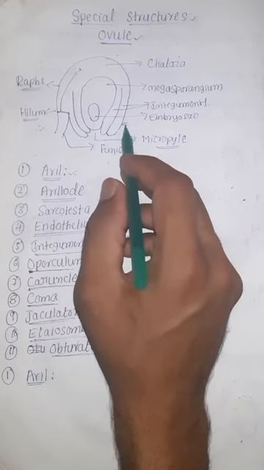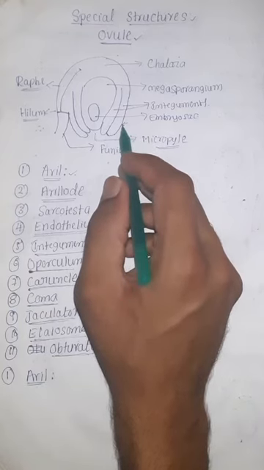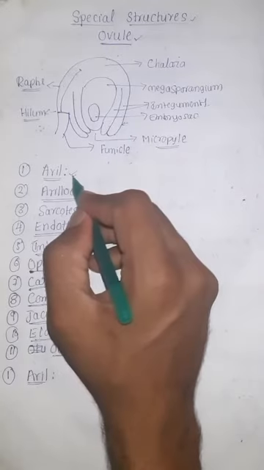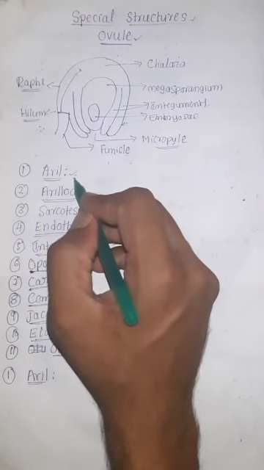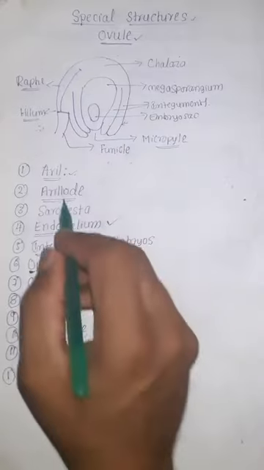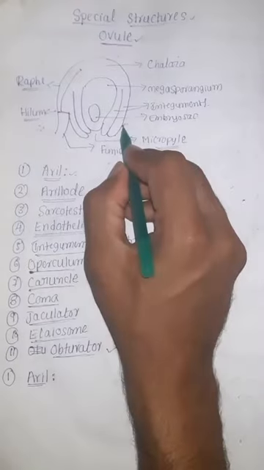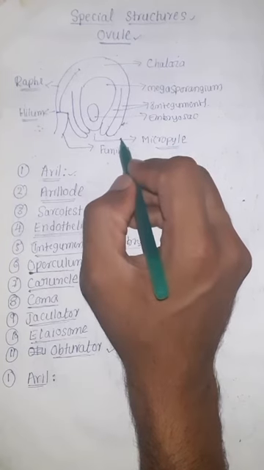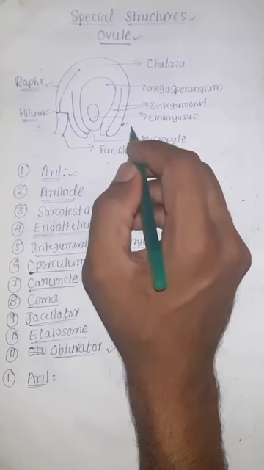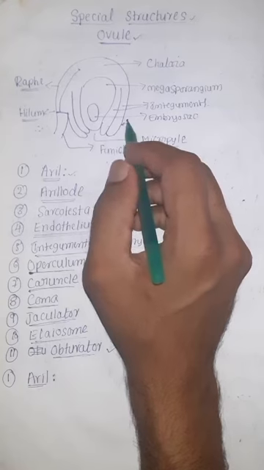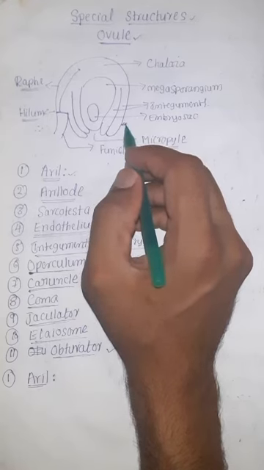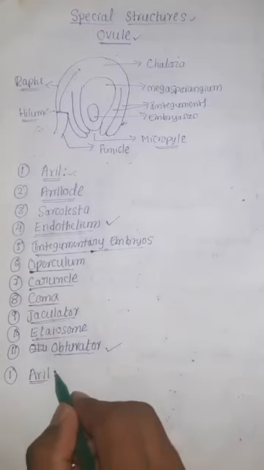Like this, based on their origin point on the ovule, different names have been given. The first one is aril. It is a structure associated with integuments. It is otherwise a type of integument outgrowth. Where it originates and what its function is, we will see in this discussion.